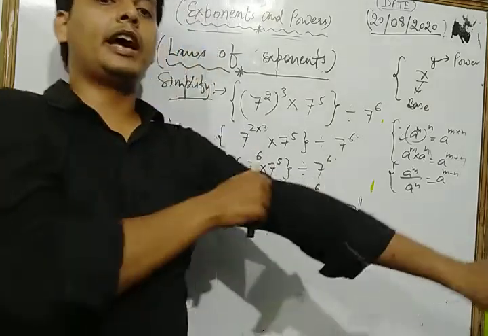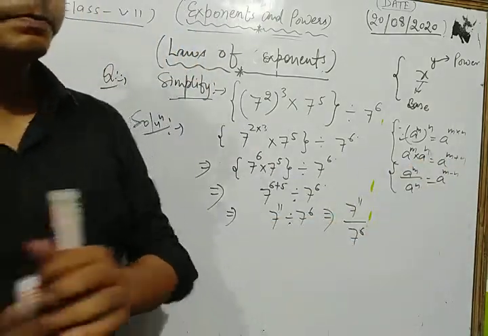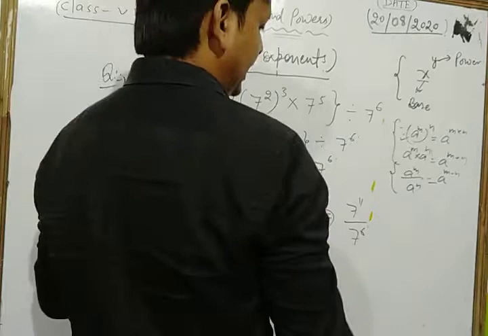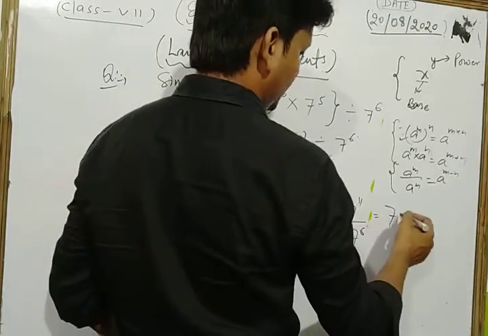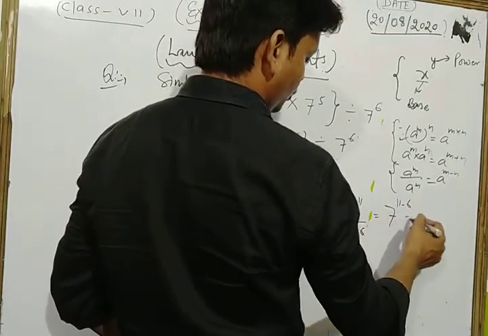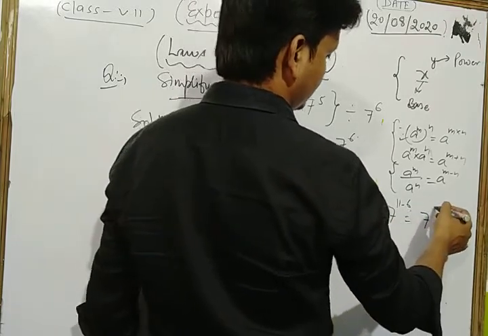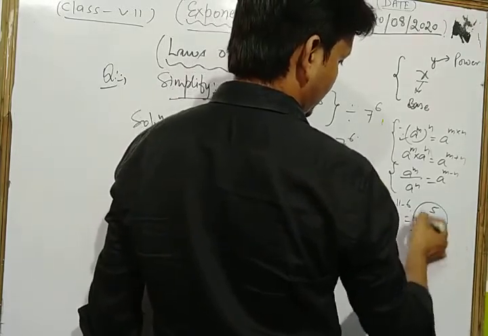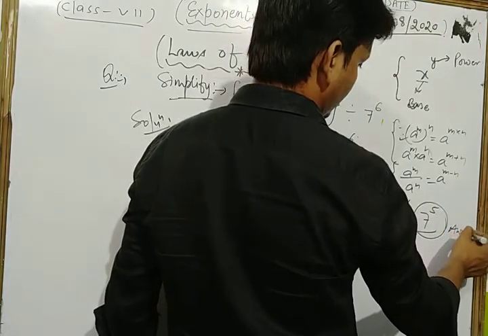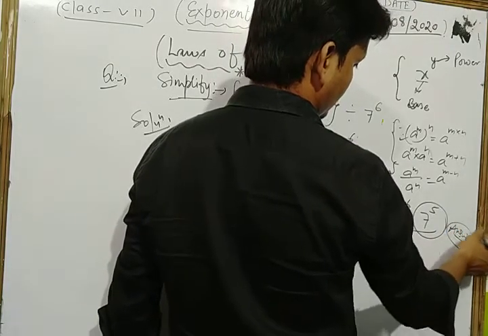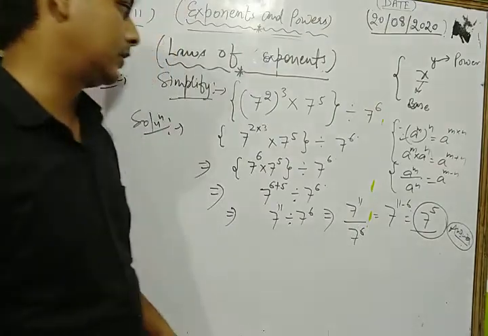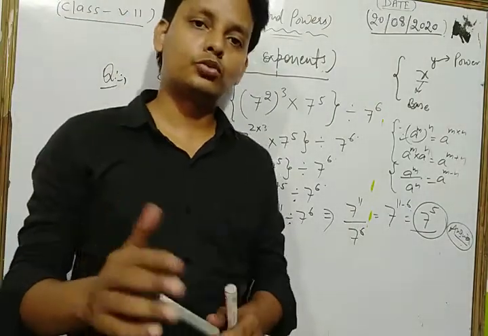So we have 7 to the power 11 minus 6. 11 minus 6 is 5. This is our final answer.